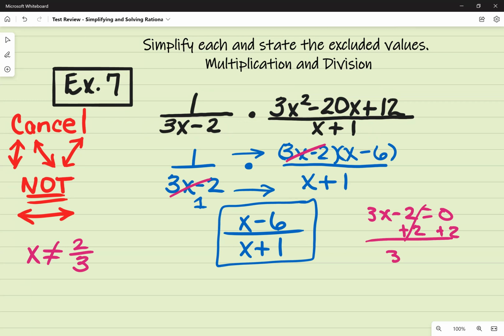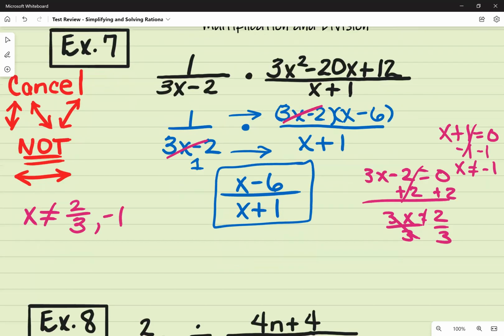That's going to be divided by 3, what I just said. So x cannot be that. And then you go to the other one, and it's the opposite sign, or x plus 1 equals 0. So that means that x cannot be -1. So those are the two excluded values for this problem.